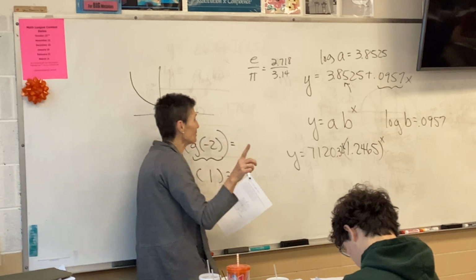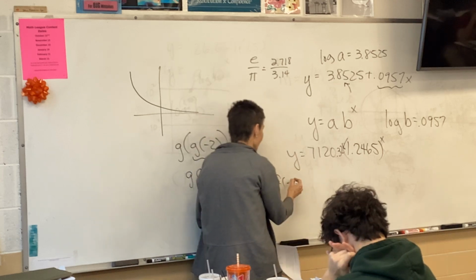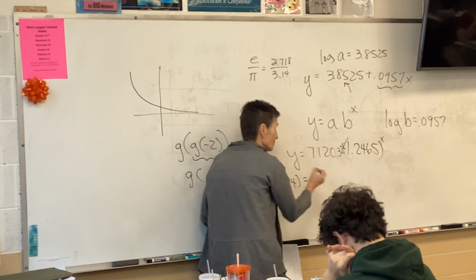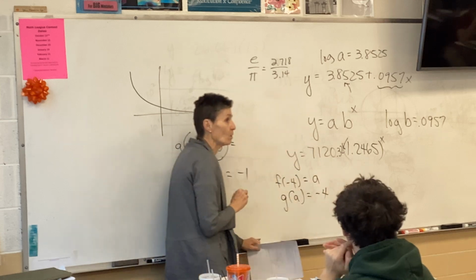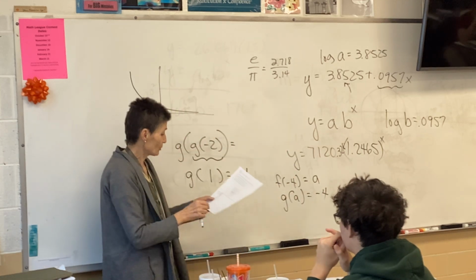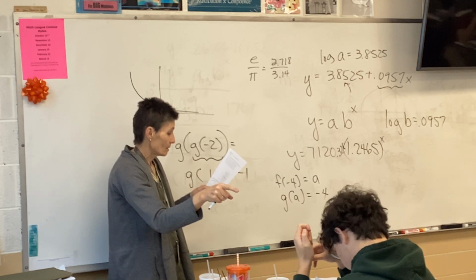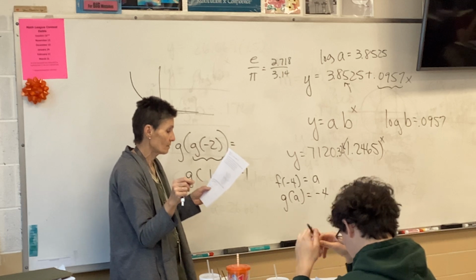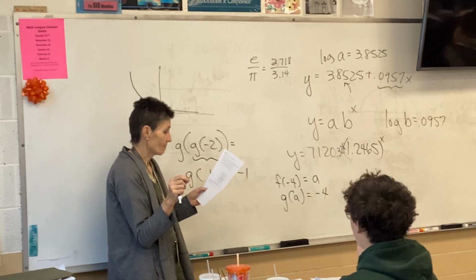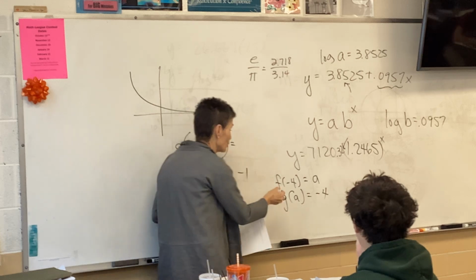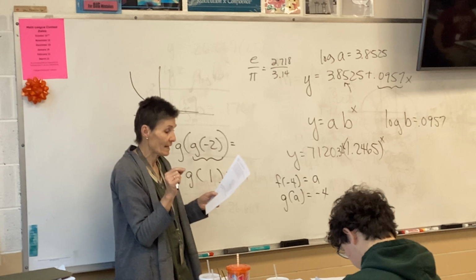Now f of negative 4. Remember, you guys, f and g are inverses, right? So f of negative 4 equals something, which means that g of that something equals negative 4. Well, g of what is negative 4? So in your picture, you need y to be negative 4.